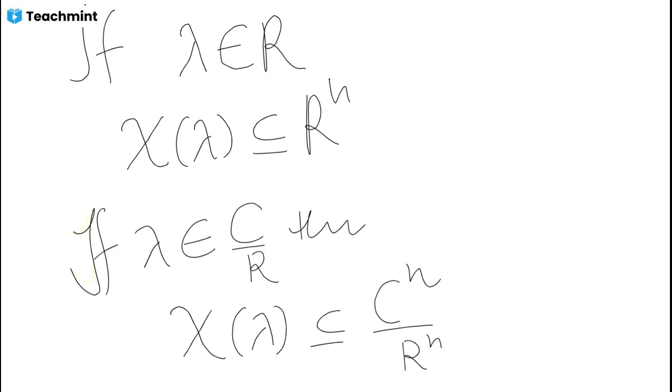It means if we have any value of lambda in a complex form, then we put it in this linear subspace, and obviously we'll get the result in the form of complex. Yeah, this is the meaning.